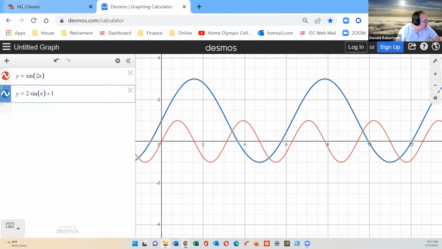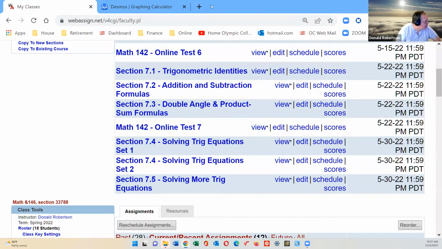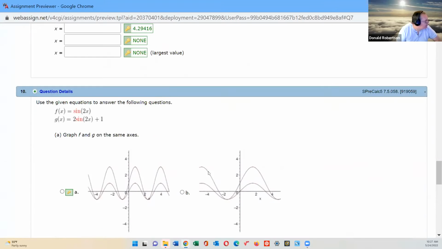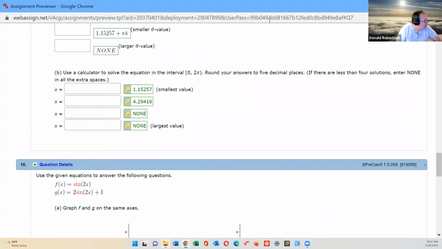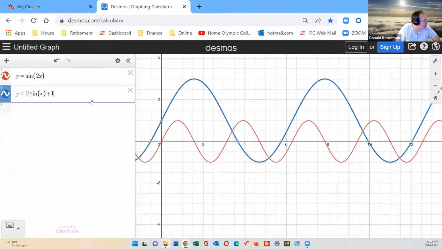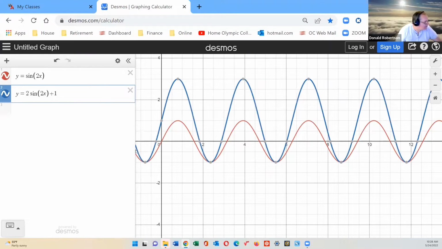I'm going to double check that question because I got a feeling there's more to it than that. Sine 2x, okay, that makes a difference, I guess. There we go. That looks better.